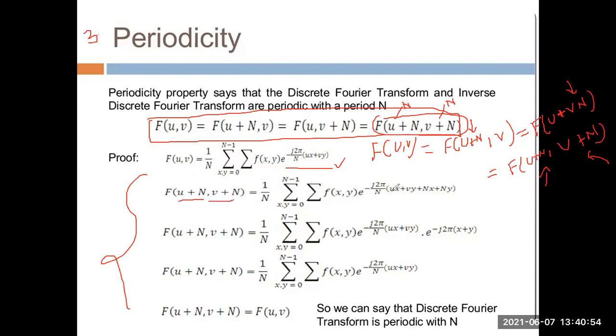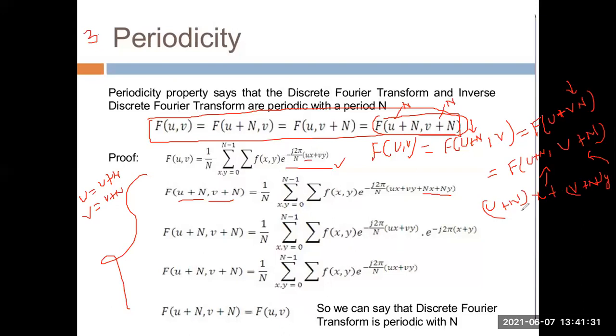The same formula, just replace: u will be replaced by u plus n and v will be replaced by v plus n. So in this formula, u will be u plus n into x, plus v plus n into y.